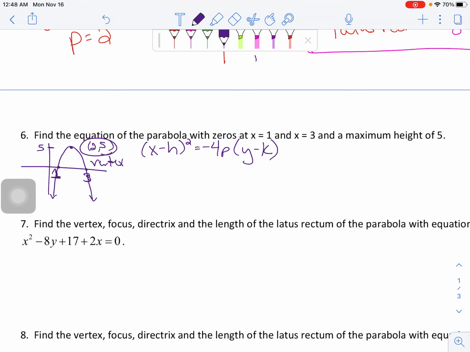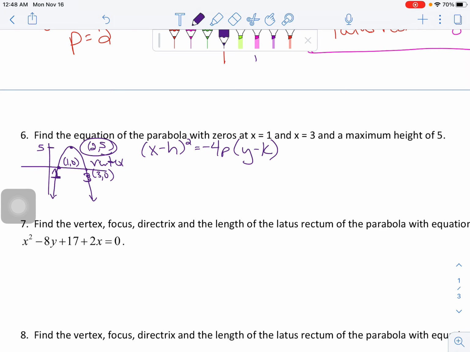And basically what I'm going to do is, h and k is my vertex, so I can substitute those values in. And then I'm going to use one of the two zeros. It won't matter which. You can either use the point (1, 0), or you could use the point (3, 0). It's up to you.